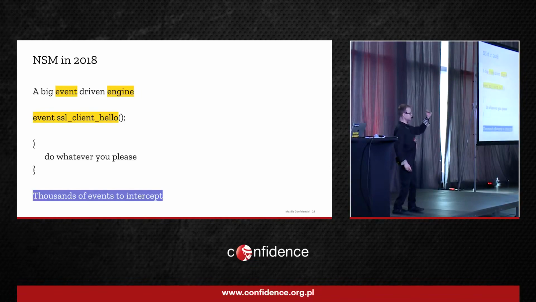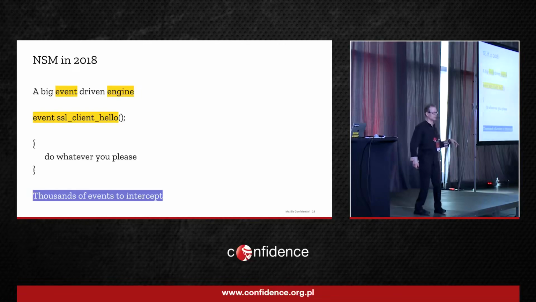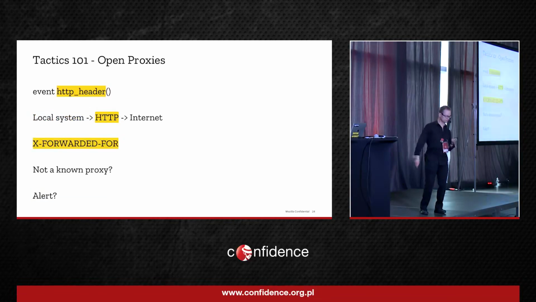Traffic flows into your network security monitoring system, and instead of having a number of hard-coded rules, it triggers a bunch of events, and it's up to you to write the code to handle those events. What you do handling those events, I don't know, up to you. Write your own alerting logic. And there are thousands of events to intercept. So let me show you an example.